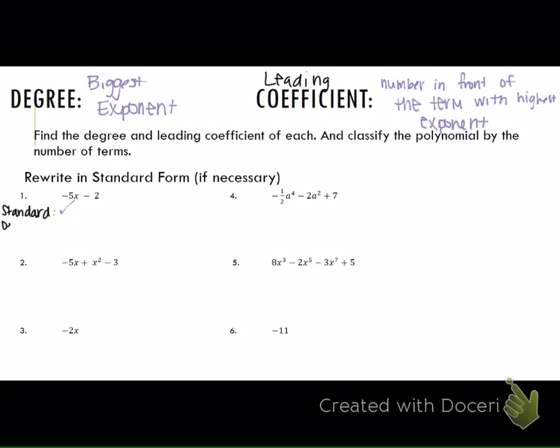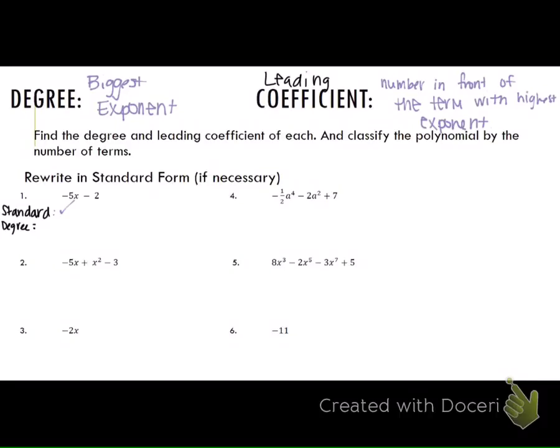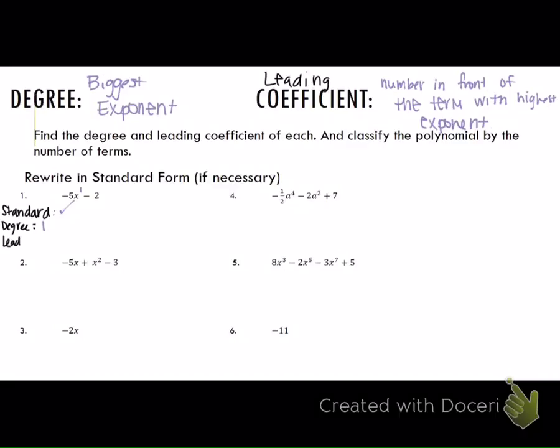So, the degree, what is my biggest exponent, Emil? What is my biggest exponent in this statement here? 1. Yeah, an exponent of 1. So, our degree is 1. What is my leading coefficient? What is the number in front of the highest exponent? Kobe.